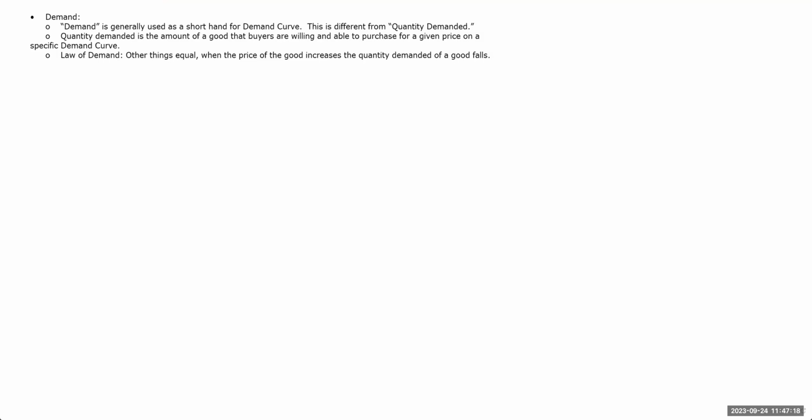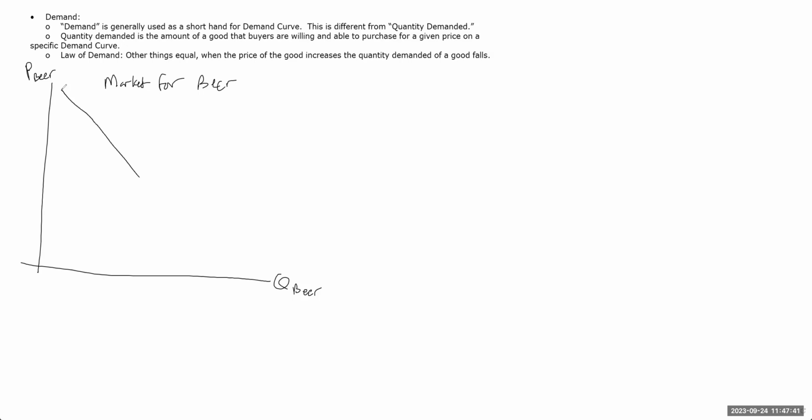Okay, so we're going to draw here the quantity of beers and the price of beers, and we'll call this the market for beers. The law of demand basically says the demand curve is downward sloping. Here's demand, or the demand curve, and it provides quantity demanded.